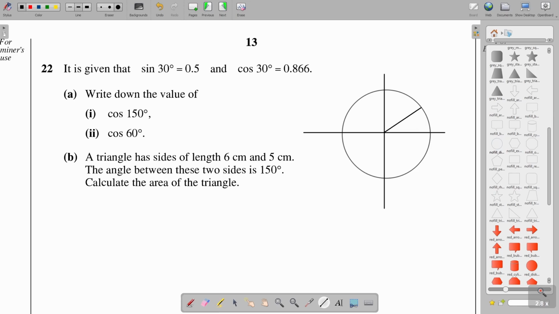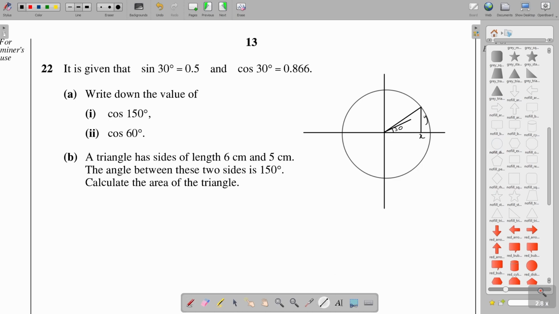So if I have a triangle like this, where this is 30 degrees, let me actually complete this triangle. There we go. The base is some value of x and then some value of y, right?